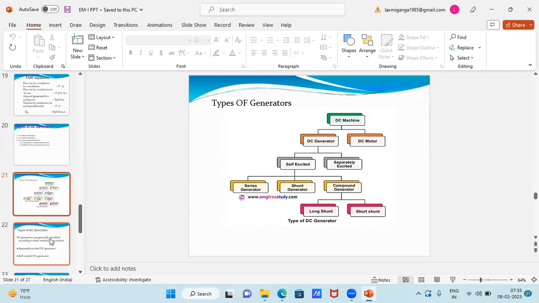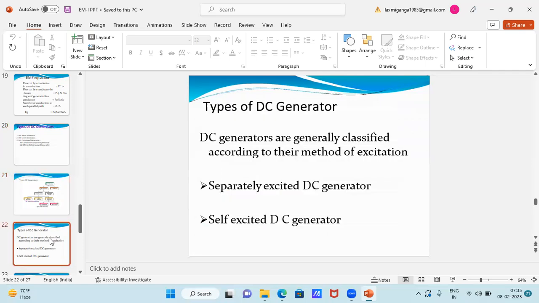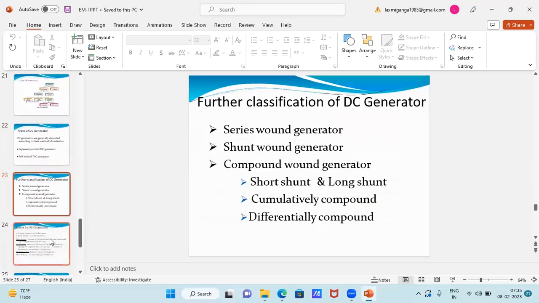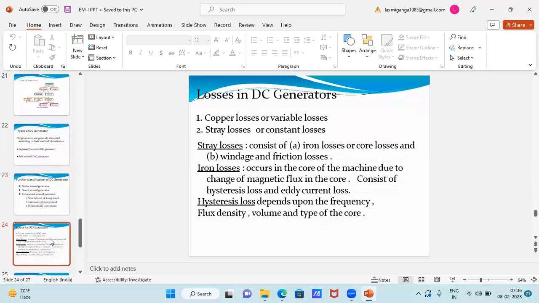Compound generators are further classified into long shunt and short shunt compound generators, and cumulative compound and differentially compound generators.